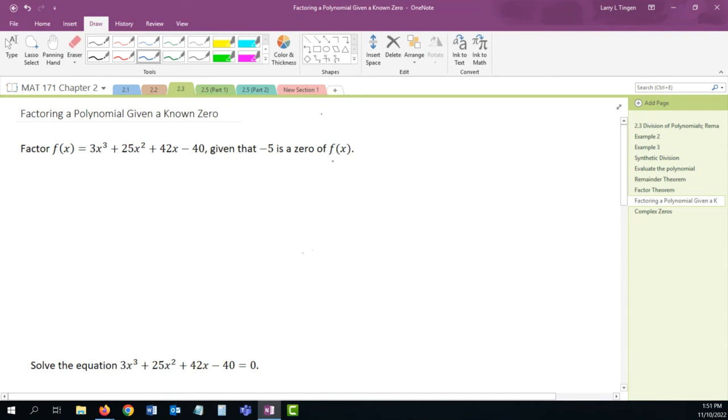If negative 5 is a 0, that means if I put negative 5 in the box and I do synthetic division, my remainder should be 0. So let's make sure it is. 3x cubed, 25x squared, 42x, negative 40.